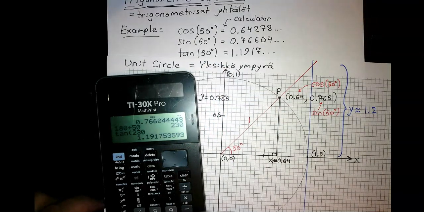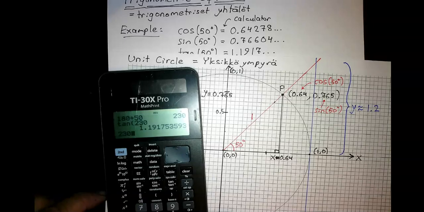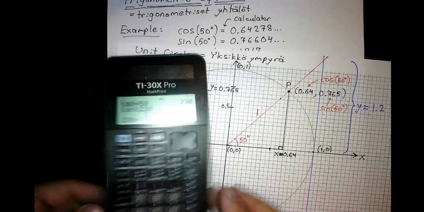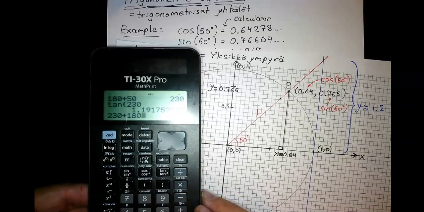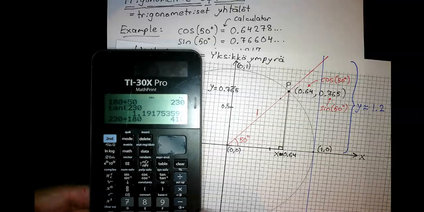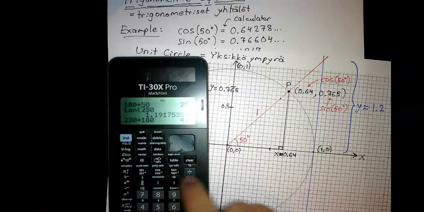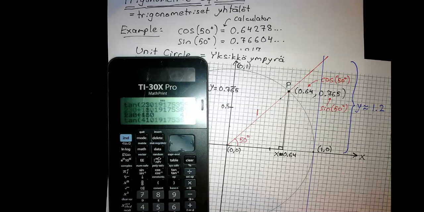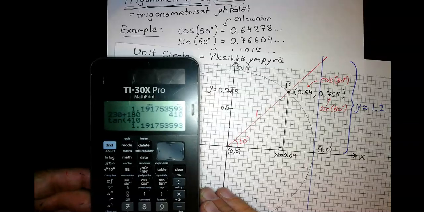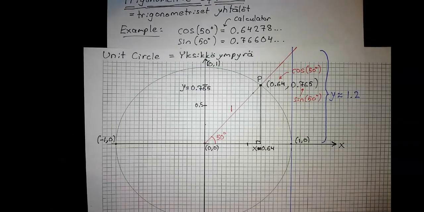And again, if I add 180 degrees to this value, 230 plus 180, we get the angle 410, and the tangent value of that is again 1.19. So that means that the tangent has a period of 180 degrees.